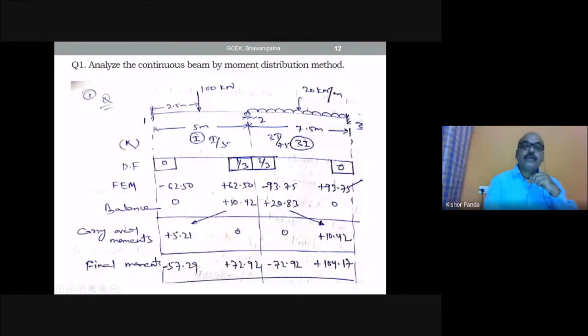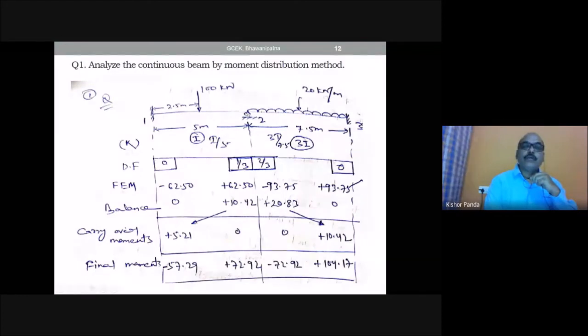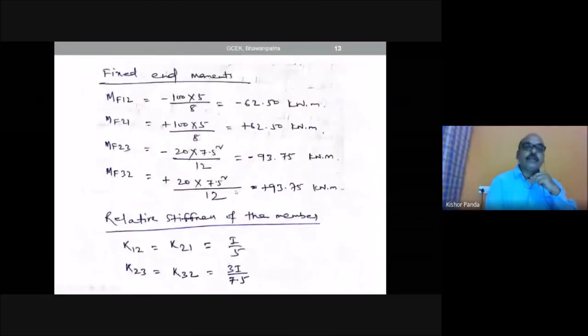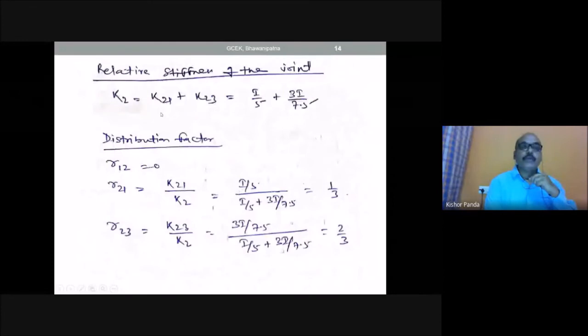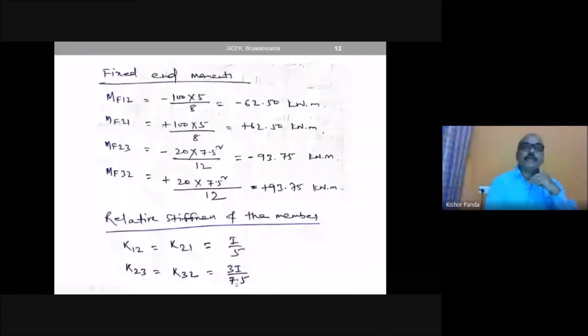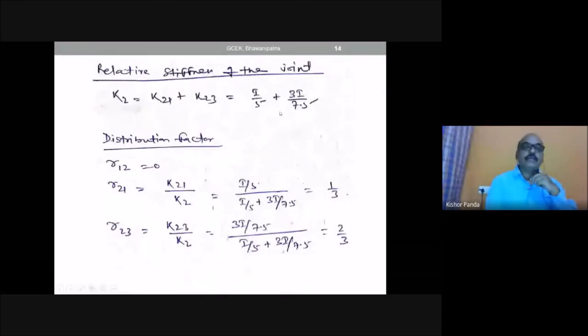K2 is found by taking K21 plus K23, the relative stiffness of member 2-1 and of member 2-3. K21 you know already, I by 5, and K23 is 3I by 7.5. After adding these two, you get the relative stiffness of the joint.